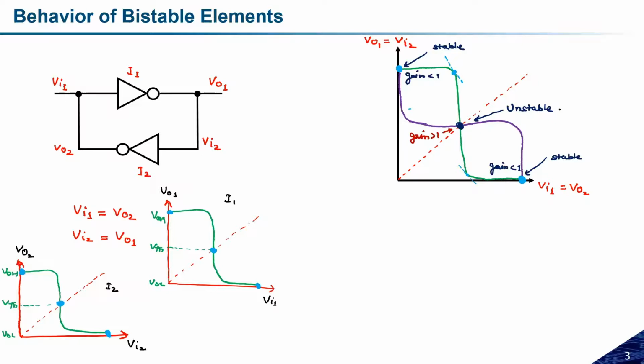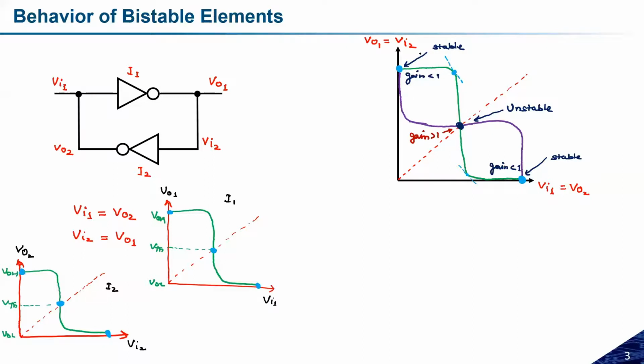Now the very important thing is, we got to know that if I have connected two inverters back to back, I will get a characteristic something like this, and this kind of characteristic we call the butterfly curve of any sequential circuit. This butterfly curve basically indicates how stable the circuit is.